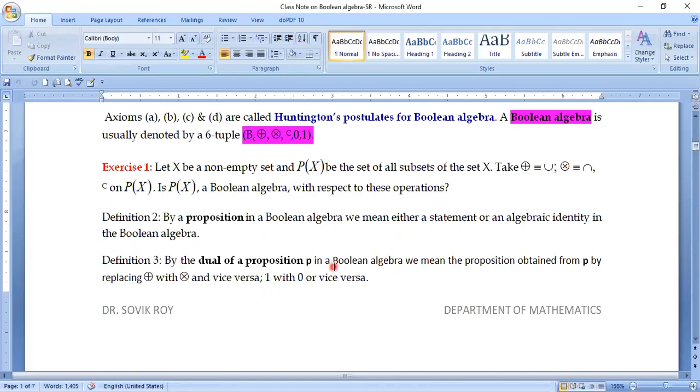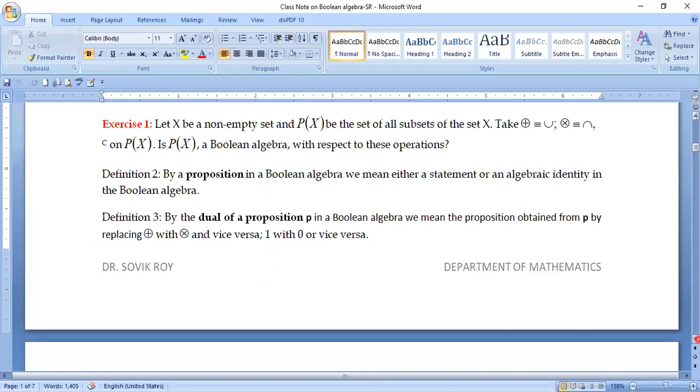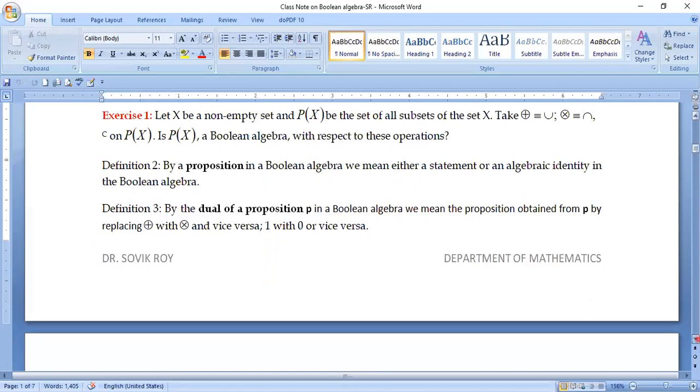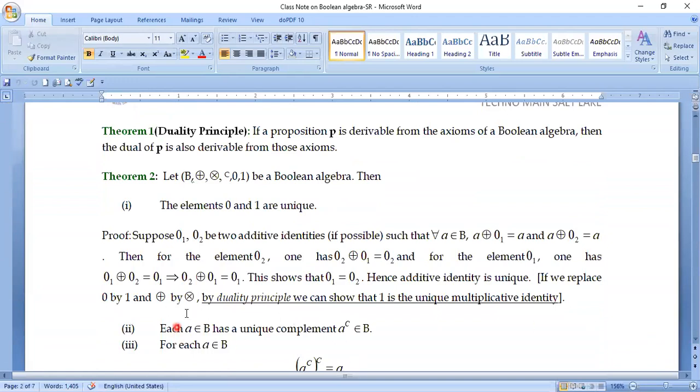I have already told you, it's a proposition obtained by replacing one operation with the other and one identity with the other, and so on. I introduced these two definitions just to explain the duality principle and its application in the proof of the theorem that I did on the board in my last class. So if you have gone through the video, probably you've understood.